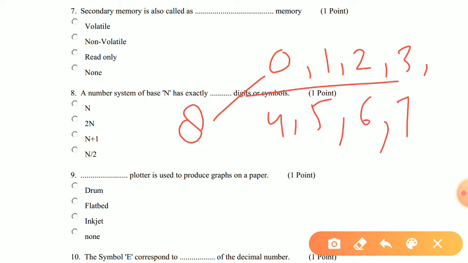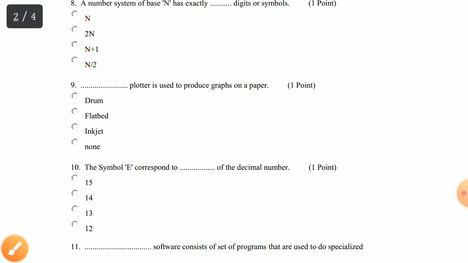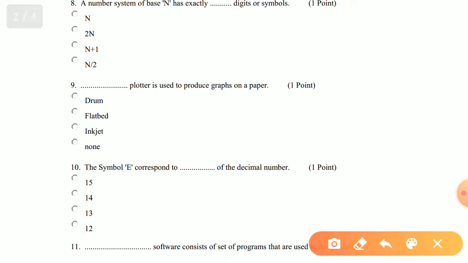If you count them, we have 8 symbols. So the answer is A part, n. See the ninth one: dash plotter is used to produce graphs on paper. The answer is the drum plotter, A.